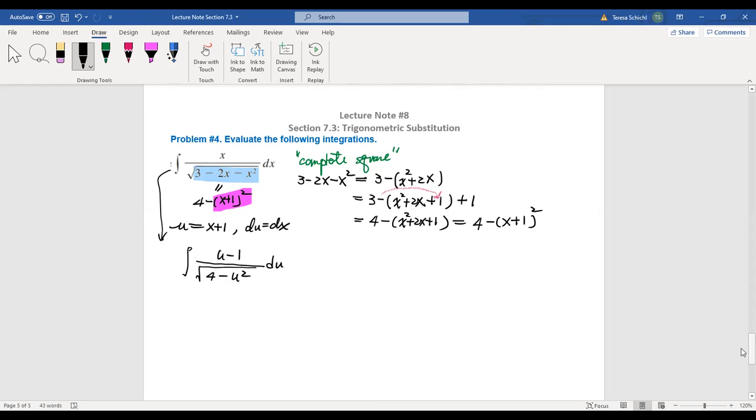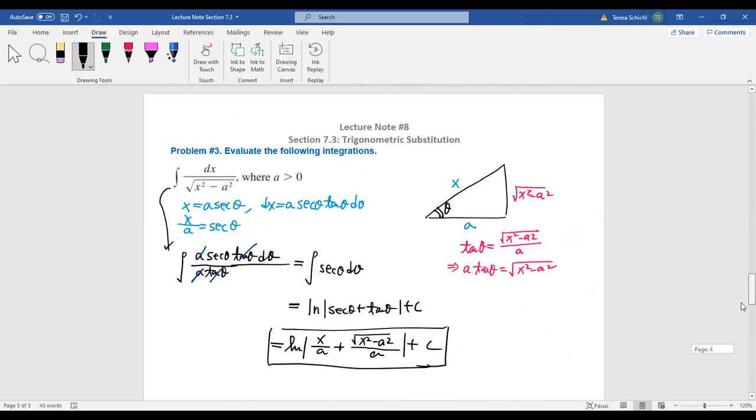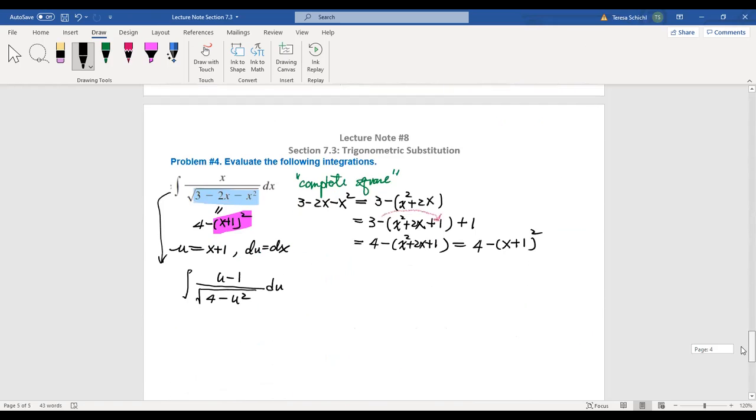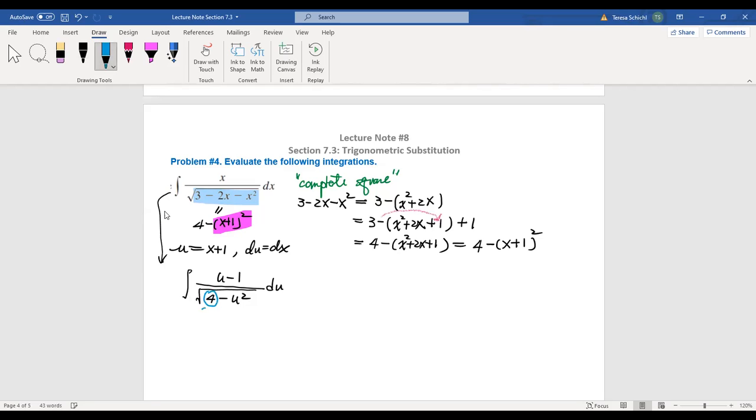Okay, now let's take a look at a squared minus x squared; that is a sine theta. So this is a squared, so what is my a? A is 2, right?